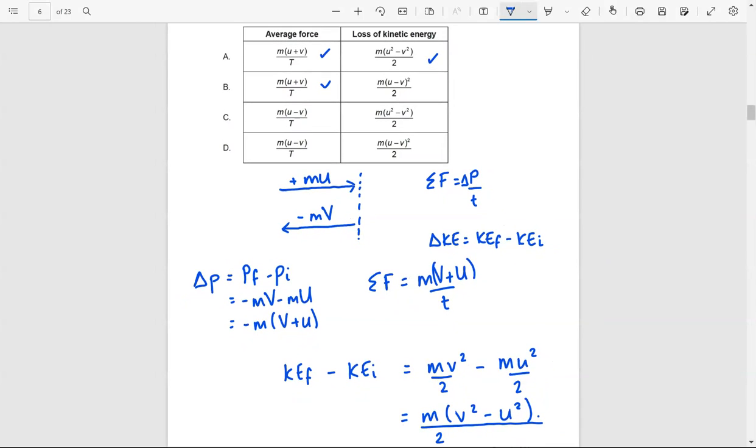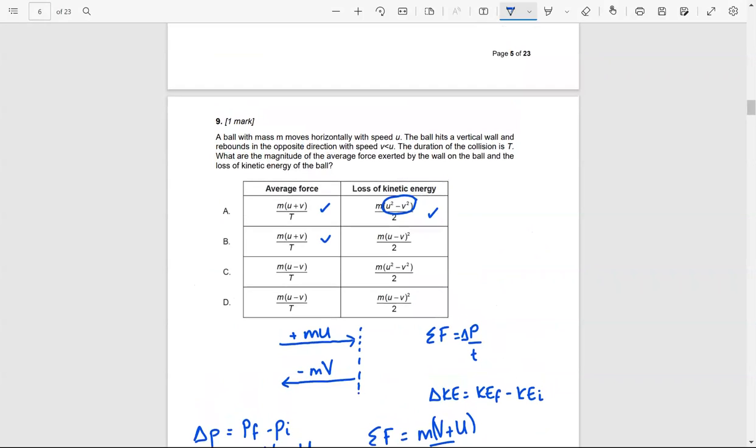The u and the v have swapped places because v was smaller than u, as they've said here. So in order to have a kinetic energy loss, we need to make sure the larger speed squared is taking away the smaller speed squared.